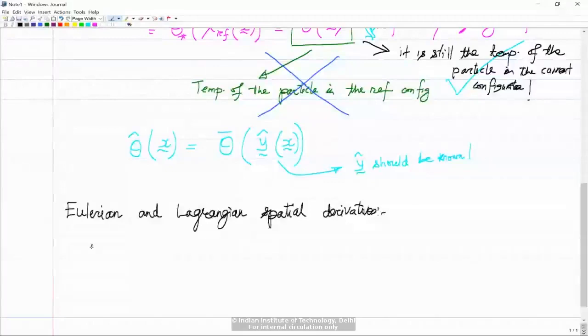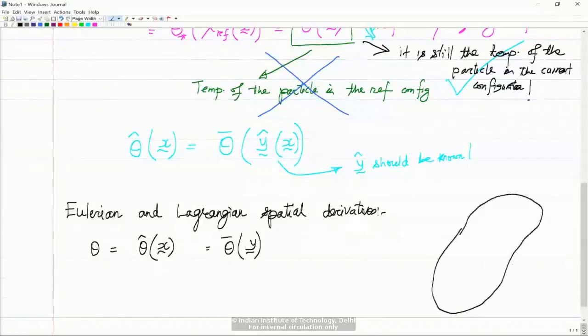You see, we just now saw that theta is equal to theta hat of x, or we said theta bar of y. Now you might be interested in knowing how theta is varying in the body. Here is your body, that's the current configuration, and any particle is denoted by y here.